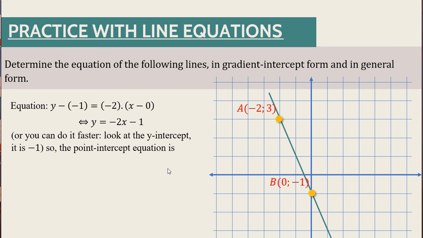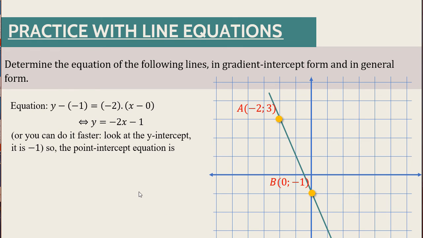You can do it faster when you know the gradient of the line. Remember that the y-intercept is the intersection of the line and the y-axis. So by looking at the diagram, we can know immediately that the y-intercept is -1.